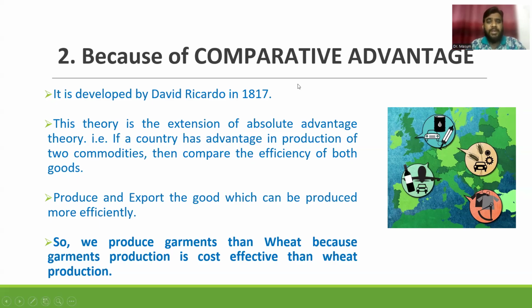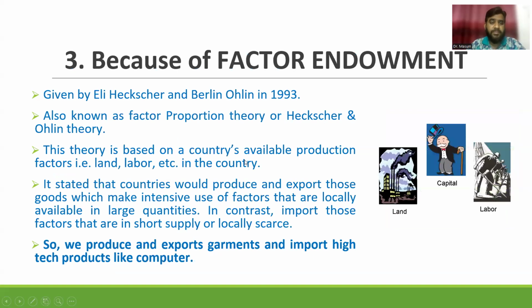And the comparative advantage will continue for many years because our environment and the factors of production are very congenial to produce garments rather than other products. So Bangladeshi manufacturers are enjoying comparative advantage in producing garments over other competitive products.